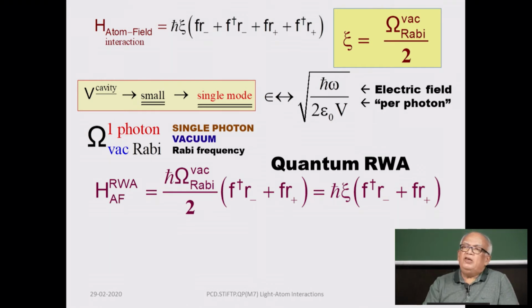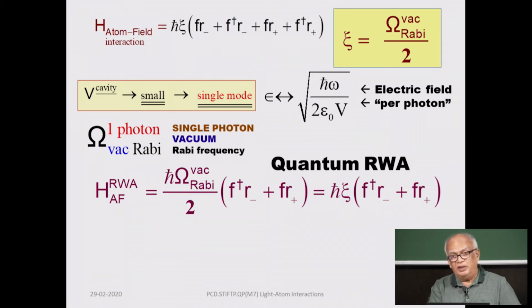And then when you make use of the rotating wave approximation, the quantum rotating wave approximation, you then ignore those two off shell terms, retain only the on shell terms. And now out of the 4 terms, you have only 2 terms. The other 2 are ignored in the rotating wave approximation. But what you are ignoring are physical terms.